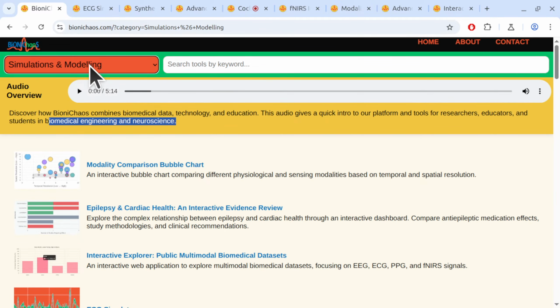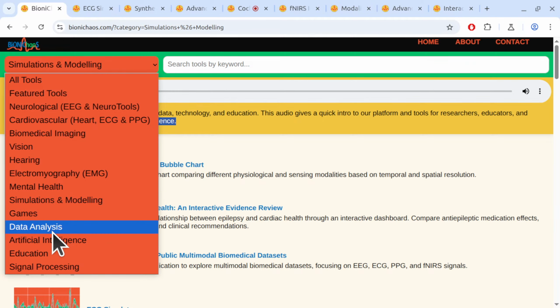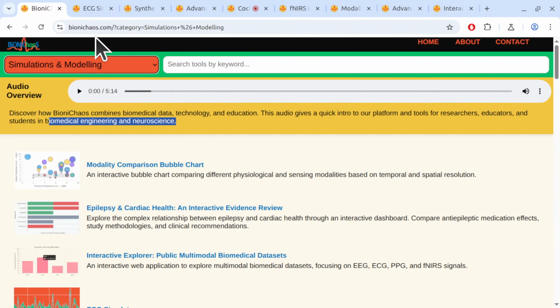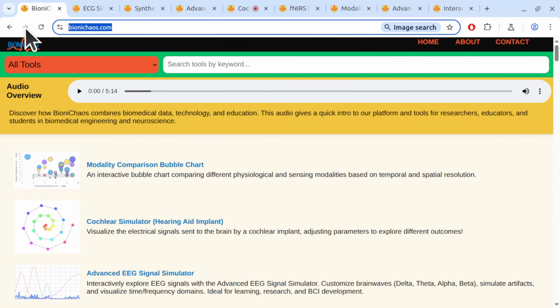Yeah, it can include simulation and modeling as another section, data analysis, and the games as well, include games as a separate section. So you have to actually search bionichaos.com. Bionichaos.com, go check it out if you haven't done so already.